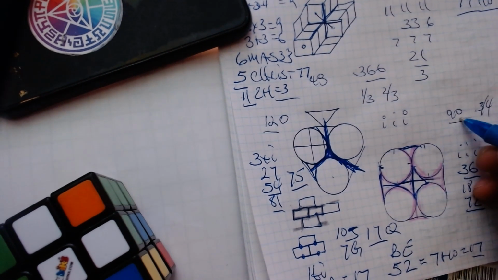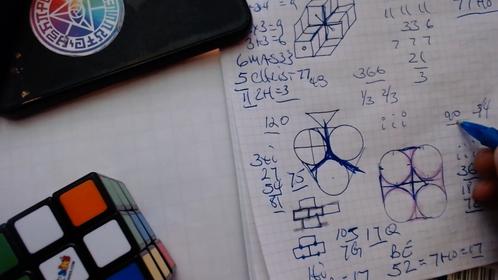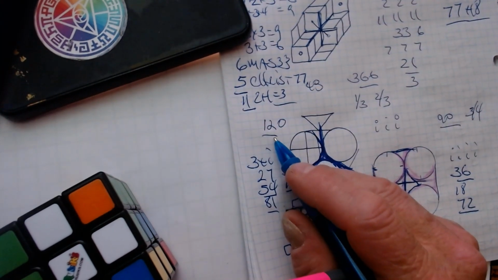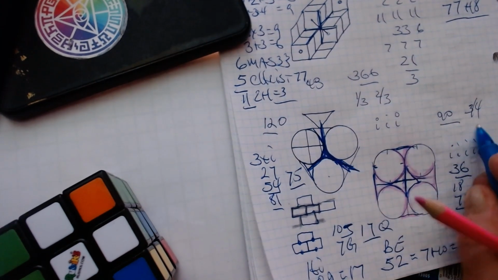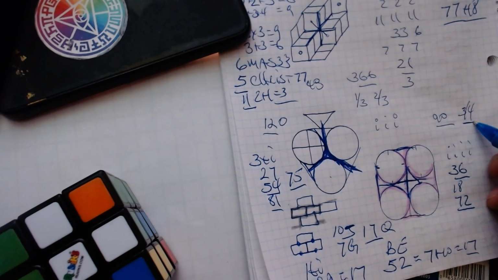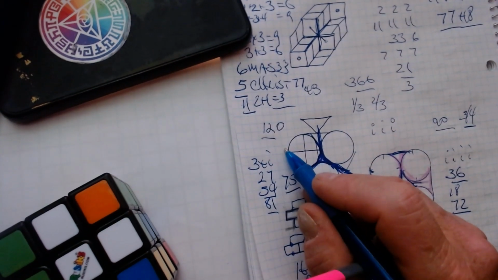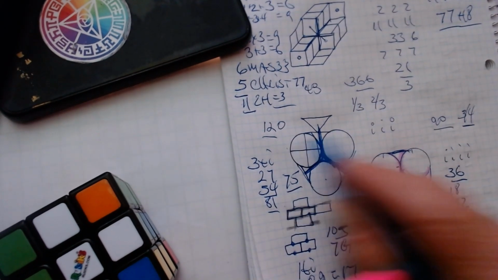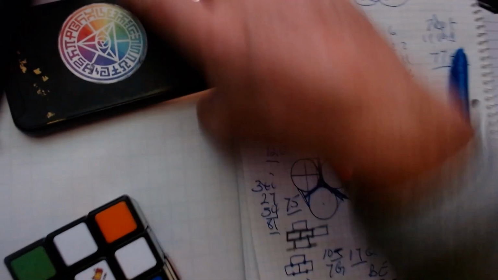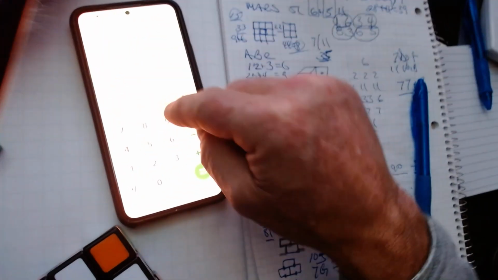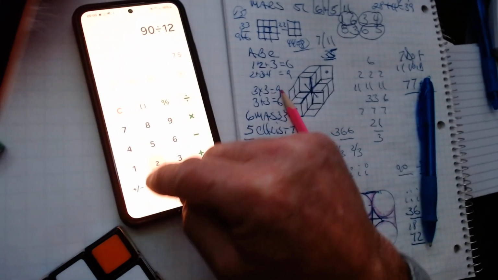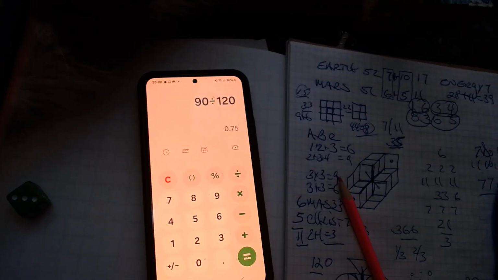Since this is 4, it's 4 by 90 equaling 360, where this is 3 by 120 equals to 360. So which one is whole? Would this be 3/4 of what this one is? And in order to bring 90 into this, you'd have to multiply it by, just hold on, 90 divided by 120 equals 75.